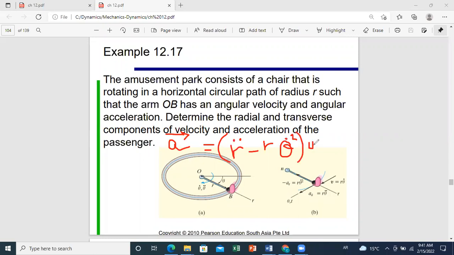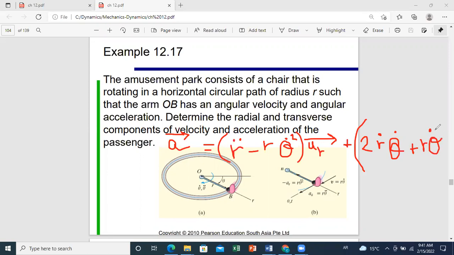This is along UR. While along U theta, you have 2 r dot theta dot plus r theta double dot.